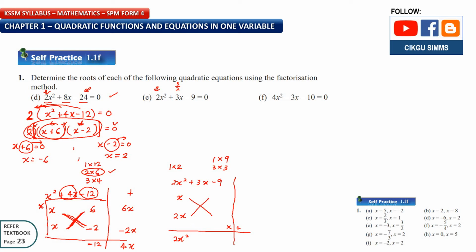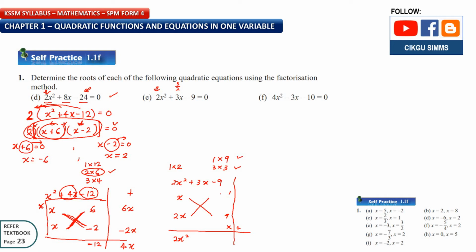And the second one, how to get 3? So we need to choose which group. Okay, 1 and 9 is not possible. If you put 1 and 9, you get 9x and 2x.